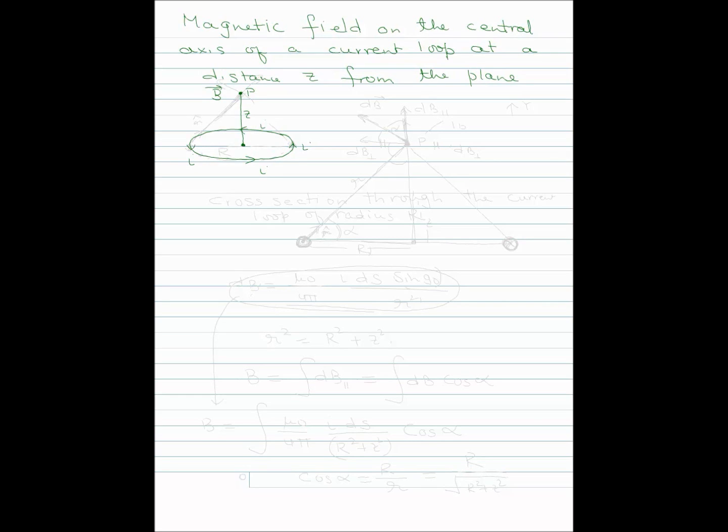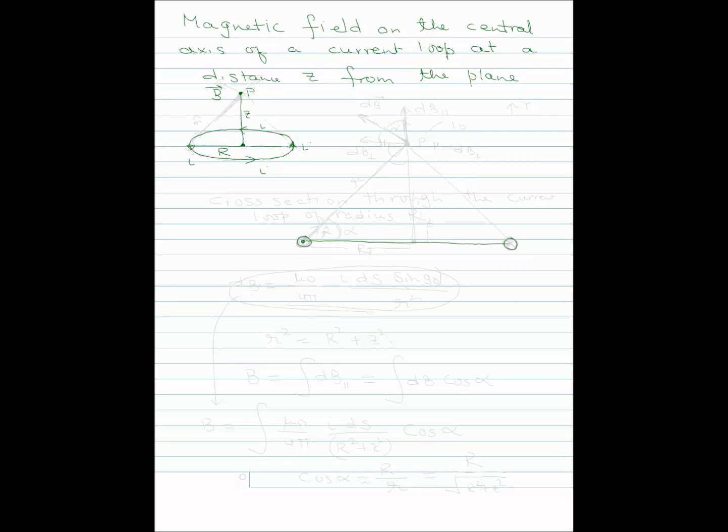In order to do this problem, it is much more convenient if we just look at the cross-section of this loop. By the way, let's say that the radius of this loop is R. If we look at the cross-section of this loop through here like this, then the cross-section will look something like this. Let me draw it for you. This point here will have a current coming towards us.